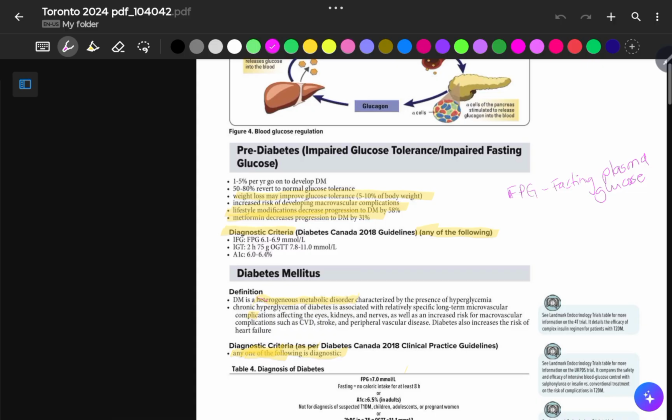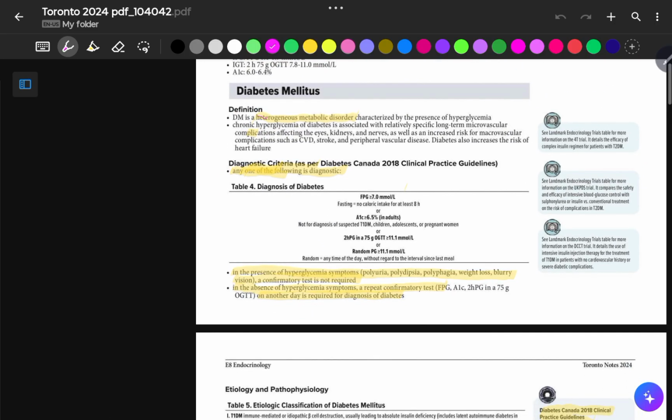Now let's talk about diabetes mellitus. What is diabetes mellitus? It's a heterogeneous metabolic disorder characterized by the presence of hyperglycemia.